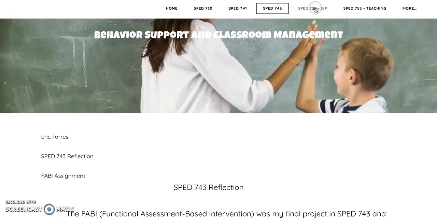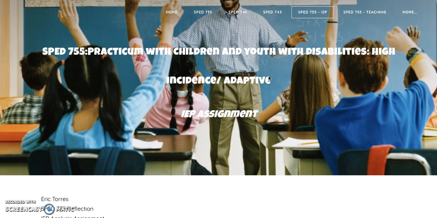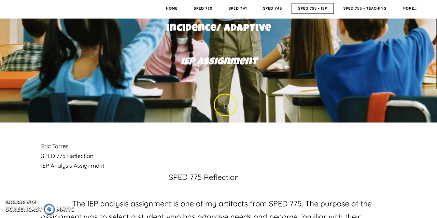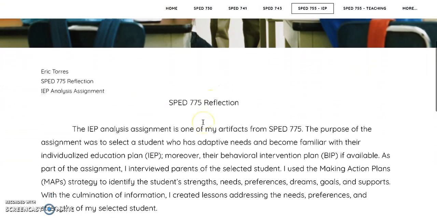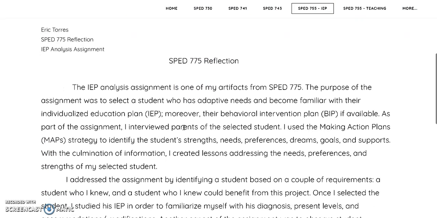Next one is SPED 755, and there are 3 artifacts for this, so I'll briefly touch base with them. The first is the IEP assignment. I chose this artifact because it is important to have a deep understanding of a student's IEP.